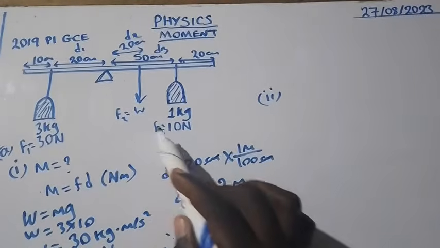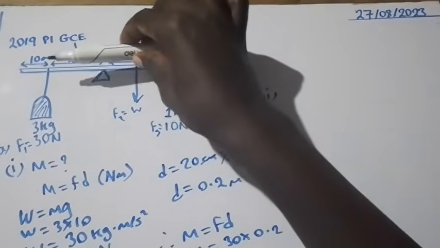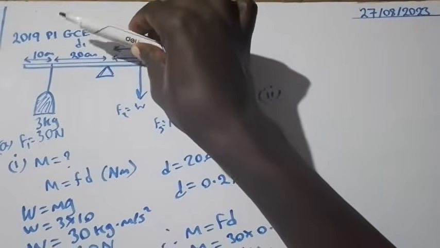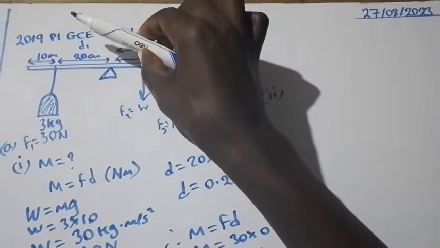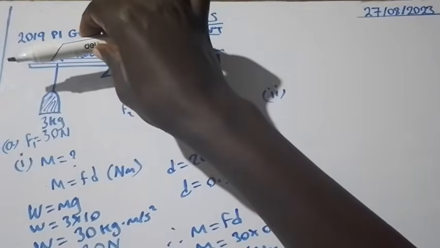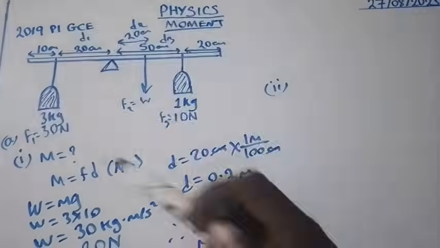Then we have F2 and F3 that are moving in the clockwise direction. If we were to drag the two forces downward, this lever will go upward like so, which is the clockwise moment. If we were to drag 3 kg or 30 newtons downward, it will rotate like this.